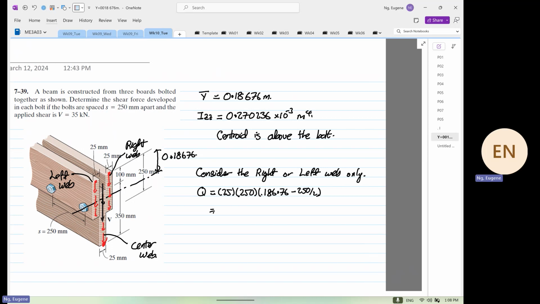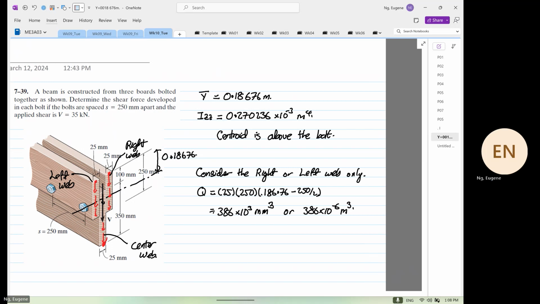It's equal to 386 times 10 to the power 3 millimeter cubed, or 386 times 10 to the power minus 6 meter cubed. Let me do it again. 186.76 minus 250 divided by 2 times 250 times 25, 386. Okay, so 386 is my answer.